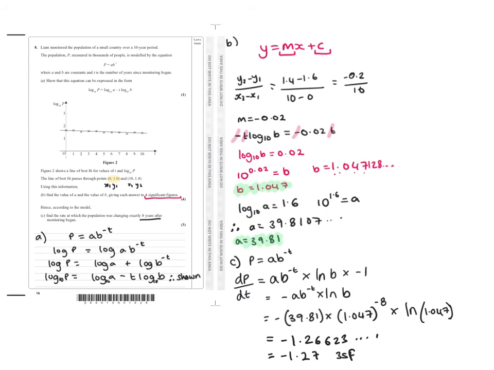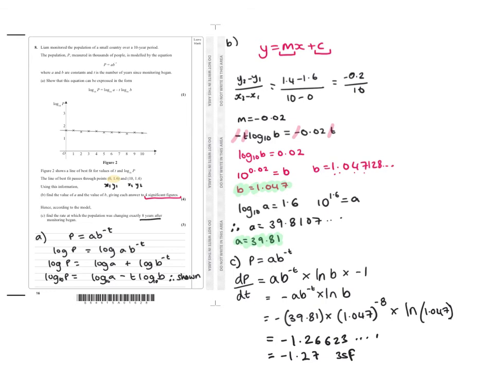So then we double check the question. And it says, find the rate at which the population was changing exactly 8 years after the monitoring began. Okay, so it was decreasing at a rate of minus 1.27. Okay, but what do we know about this graph?